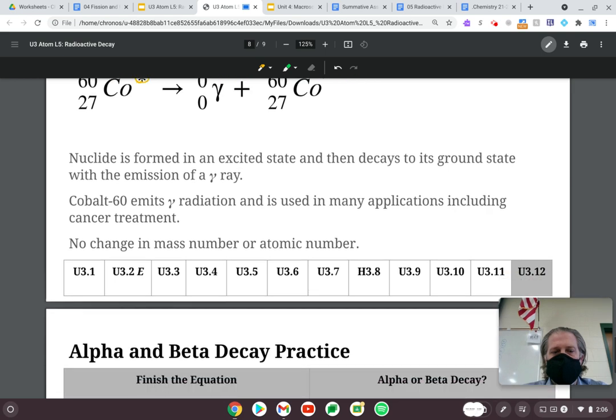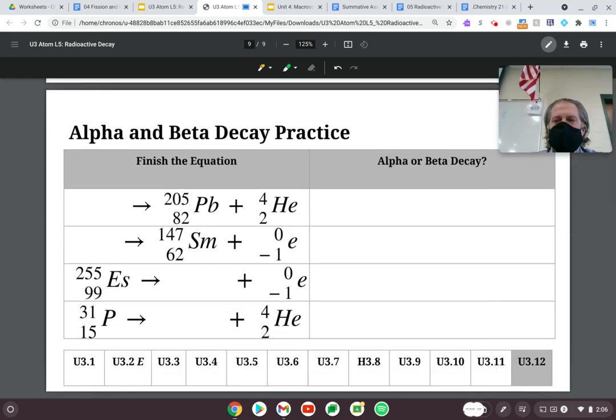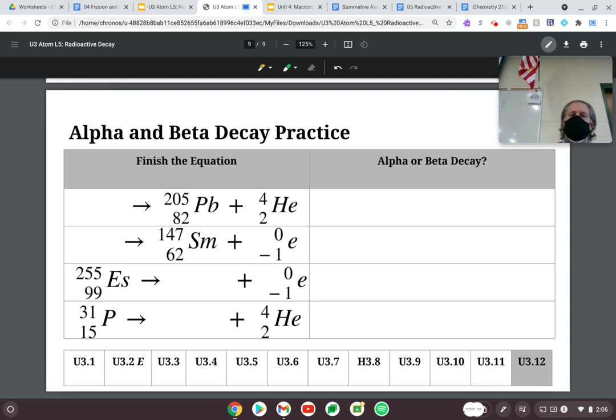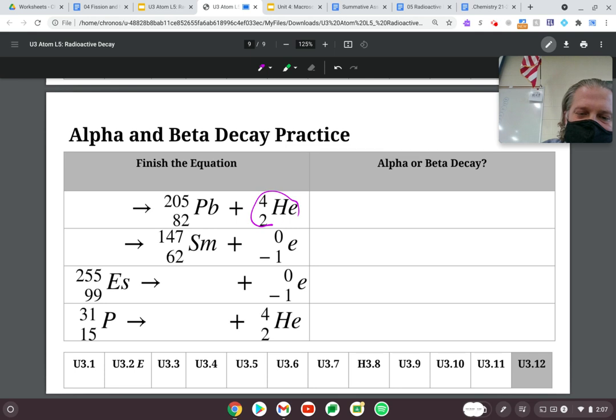So let's practice some. In this case, what I can see is that I have a helium atom, which tells me it's an alpha particle, which means that the numbers on the right side have to add up to the numbers on the left side. So if I'm looking at my mass numbers, it's going to be 205 plus 4 is 209.